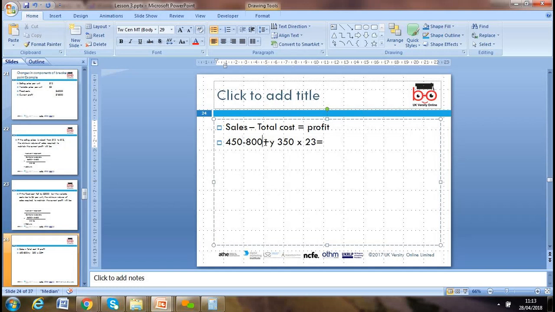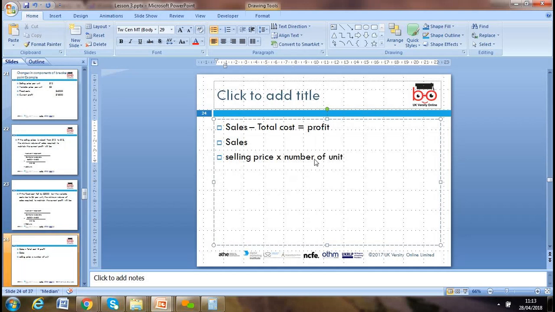Whatever way you set the equation, there's no harm, yes. You don't need to, because we can say sales is unit selling price times number of units.